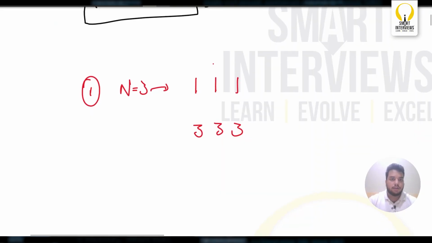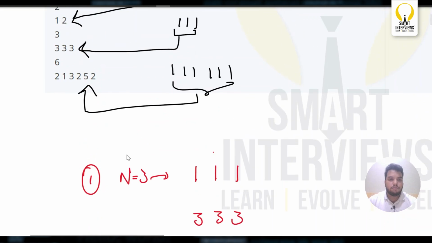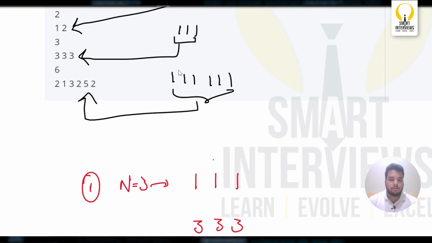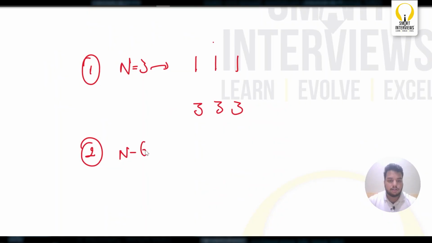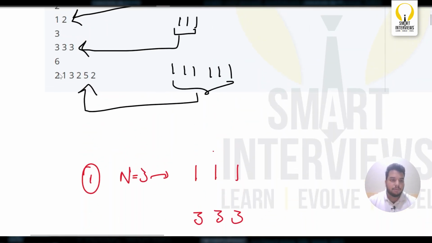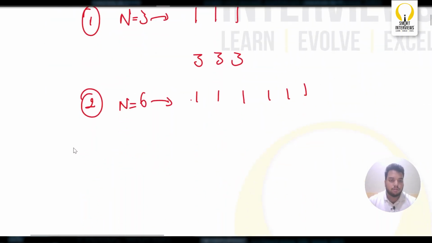And then if I go to the second operation, let's suppose example 3, initially n equal to 6, all are 6 ones, and then the expected is 2 1 3 2 5 2.